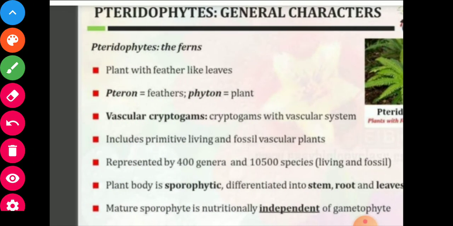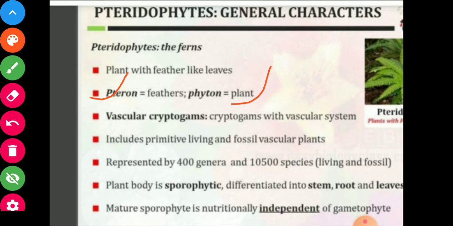Now see the characteristics of pteridophytes. Pteridophytes are also called ferns. So they are feathered leaf plants. Pteron means feathers and phyton means plant. So pteridophytes are feathered leaves plants.